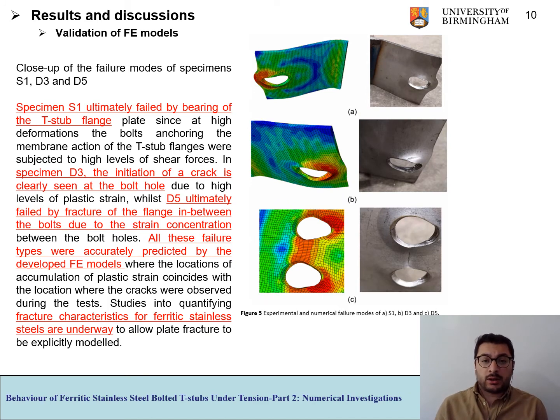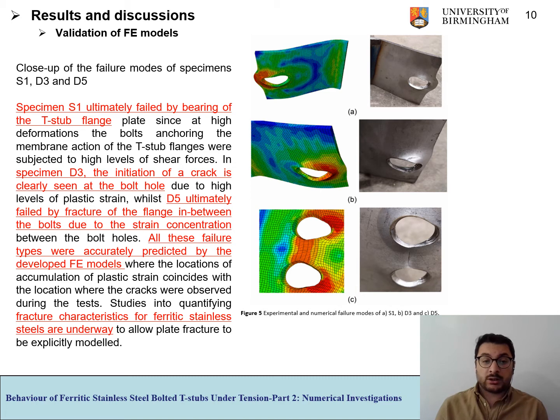So if we have a close-up of the failure modes of the specimens S1, D3, and D5, specimen S1 ultimately failed by the bearing of the T-stub flange, which is accurately simulated by the finite element models. D3 failed with the initiation of a crack clearly seen at the bolt hole, and D5 ultimately failed by the fracture of the flange plate between the bolt holes.